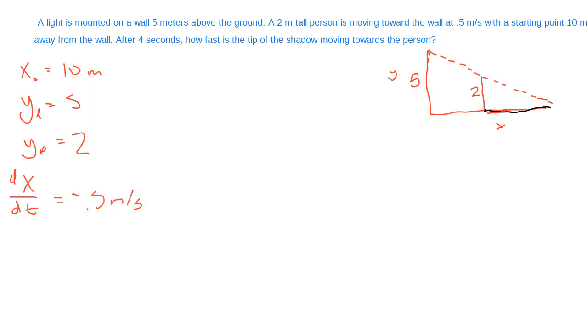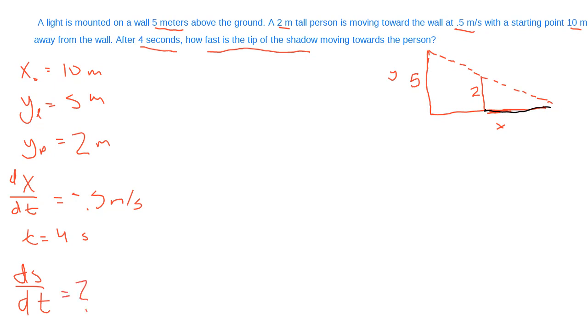We have 5 meters, 2 meters, 0.5, and 10, we know t equals 4, and lastly what they're looking for is, let's call it ds dt, but we may have to play with these variable names a little bit.